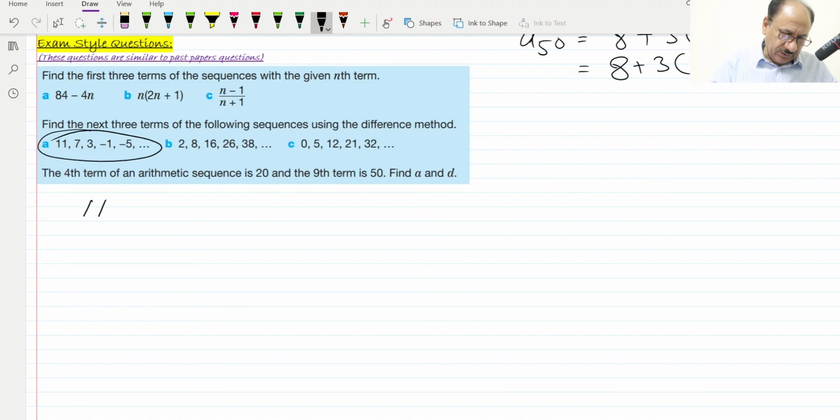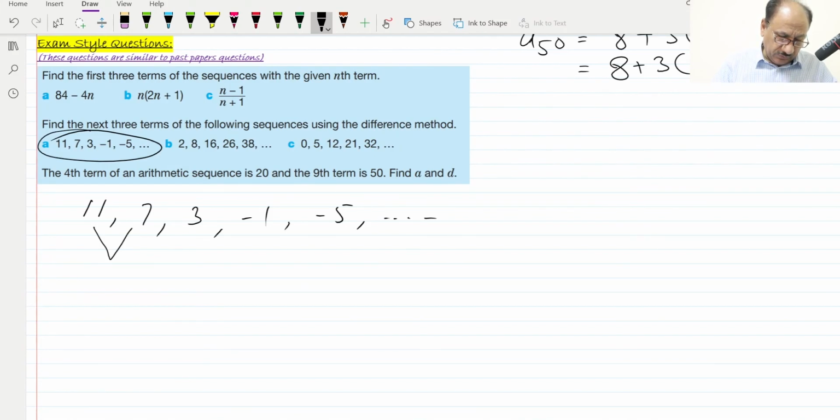So our question is 11, 7, 3, minus 1 and minus 5, and so on. We have to write the next three terms. We'll check the difference between these two: 7 minus 11 is minus 4.